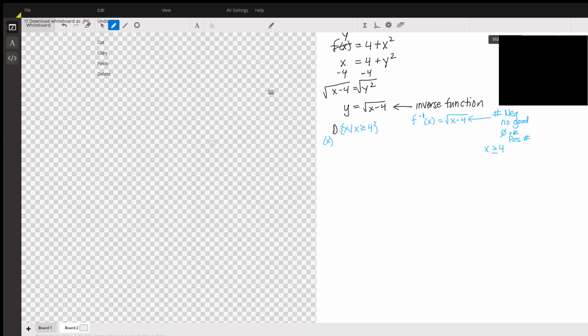Now they want to know about the range. Well, the range is all reals. So what can y be? Well, it doesn't really matter what y is in this case because the graph for this guy is going to be, I think a square root graph is going to be kind of like that. No, that's logarithmic. Let's just ignore that graph for right now. I have to graph it on something else.